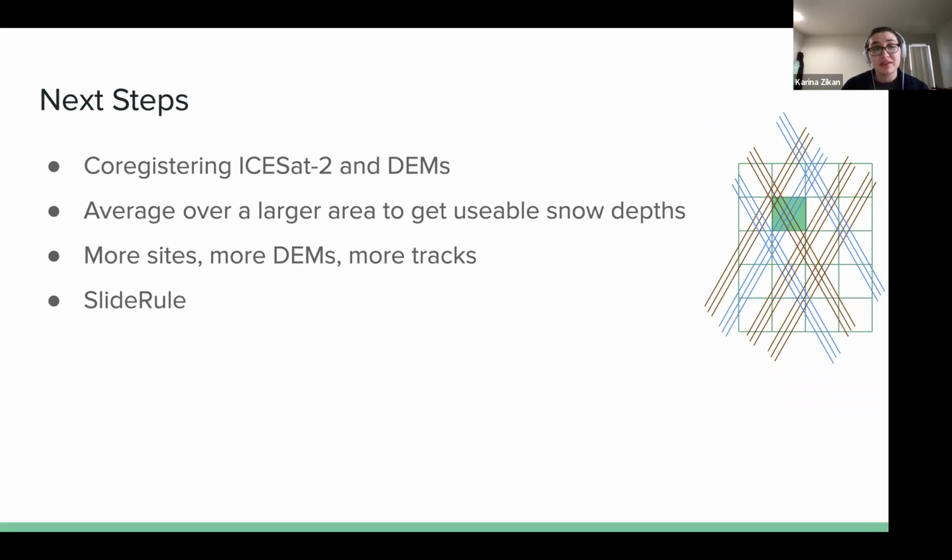We're probably going to need to average snow depths over a larger area to get a usable estimation for that area, since individual or even pretty small-scale estimates are probably just not going to be useful given uncertainties.